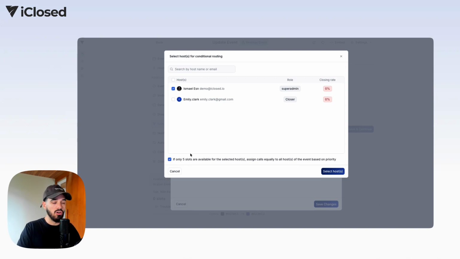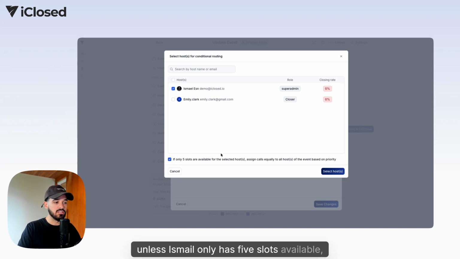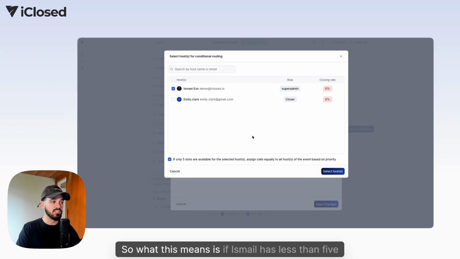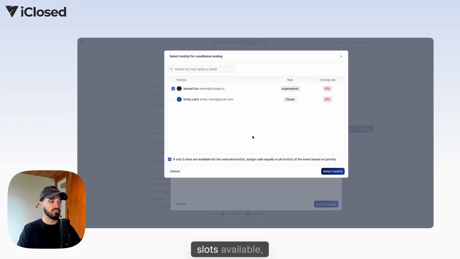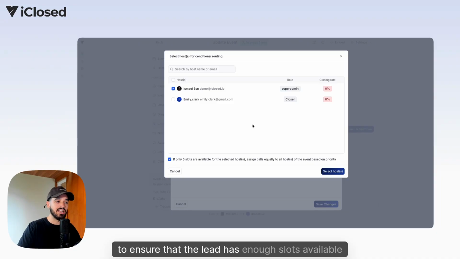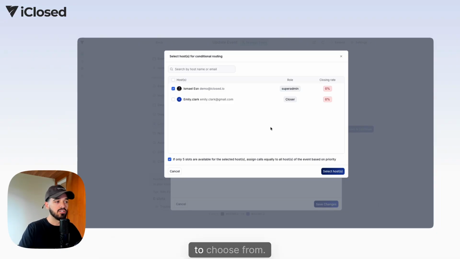unless Ismail only has 5 slots available, in which case it will assign calls equally to all hosts of the event based on priority. So what this means is if Ismail has less than 5 slots available, it's just going to treat the routing as normal to ensure that the lead has enough slots available to choose from.